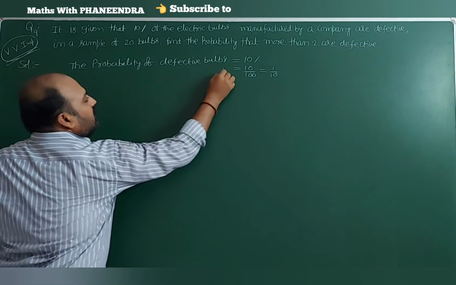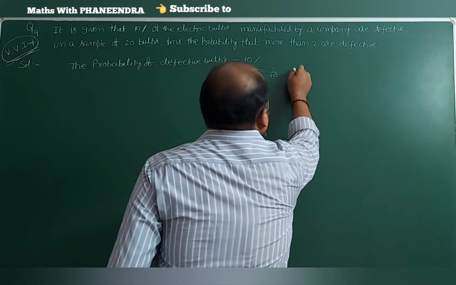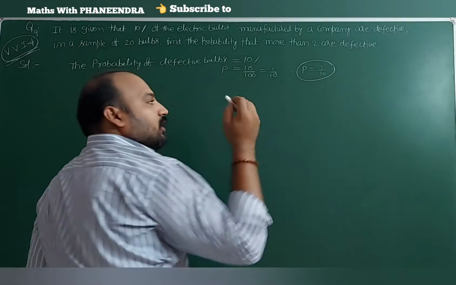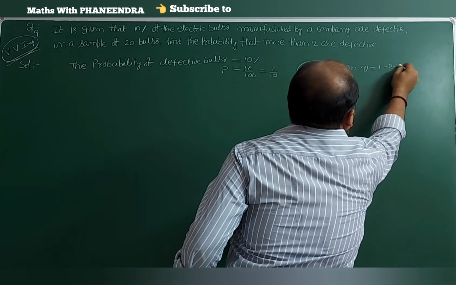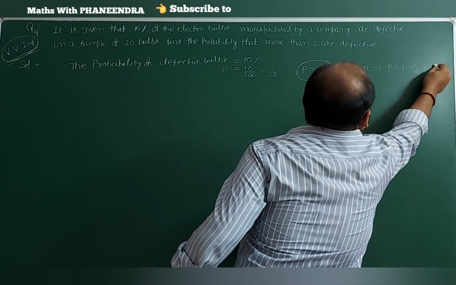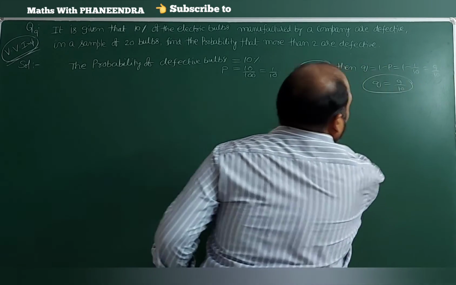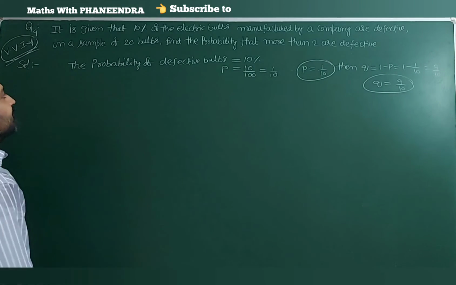So that is equal to P we are taking. So P is equal to 1 by 10. Then Q is equal to 1 minus P, 1 minus 1 by 10, which is 9 by 10. So Q is equal to 9 by 10. P value, Q value, we got it.